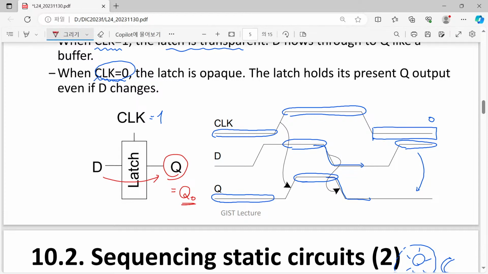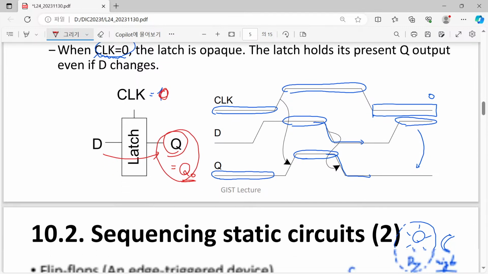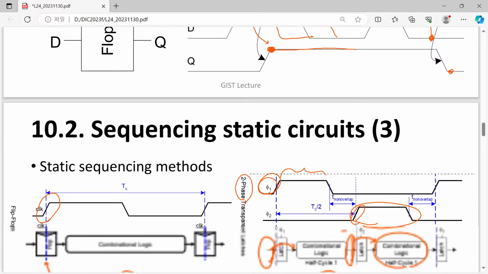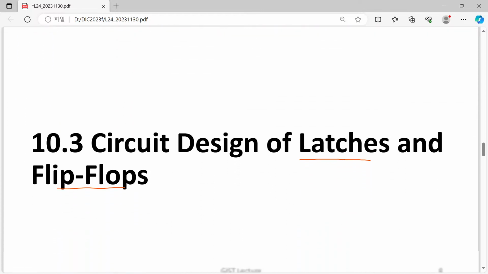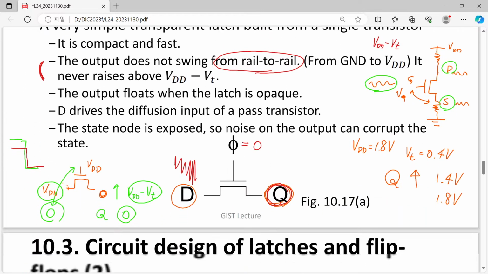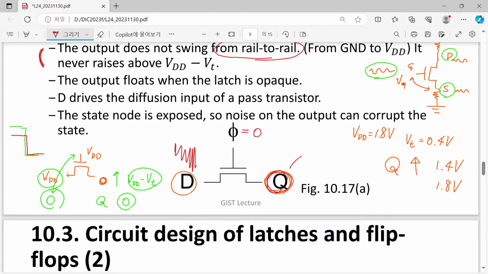So when the clock becomes 0, we have to have the memory effect. However, in this simple implementation, there is no mechanism to keep this Q value.